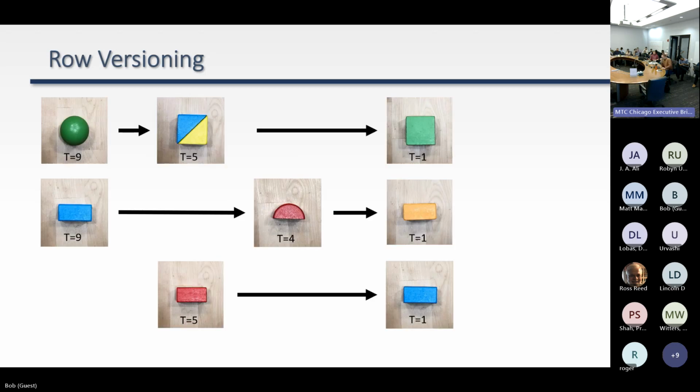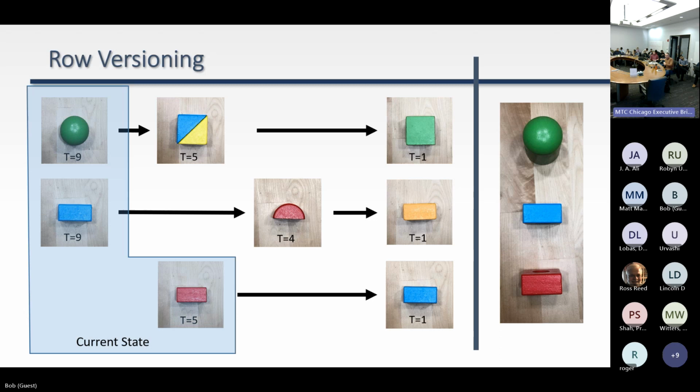So if I show row versioning a little more graphically than that, using my son's toy wooden blocks, maybe we have a table with 3 rows in it, and the data type would be wooden block. We have the value of each row at the different times. If we're looking at the current state of the table with the 3 rows, it would be those 3, right?